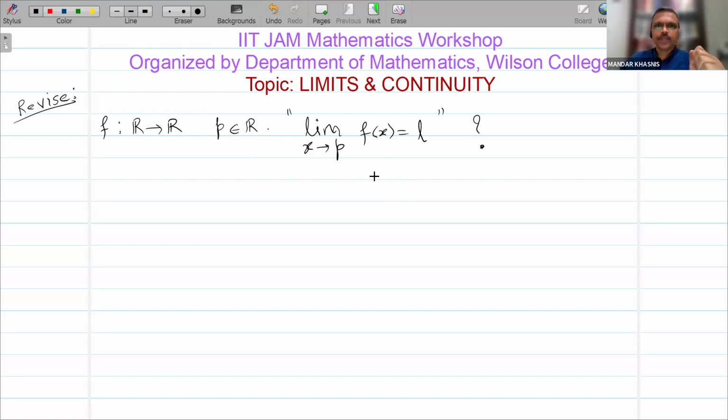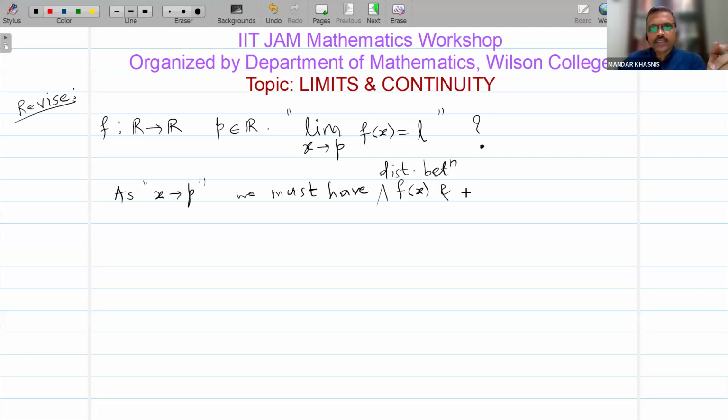Okay, fine. So he wants to say, as x tends to p, and I'm putting it in quotes, we must have the distance between f(x) and L being something like less than, he's saying, 1 by n.